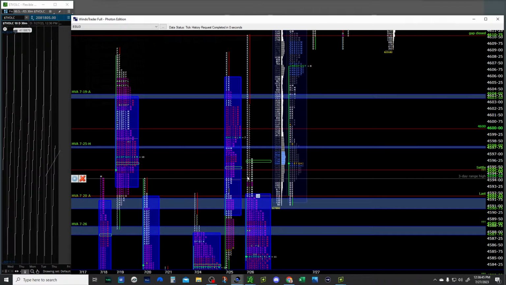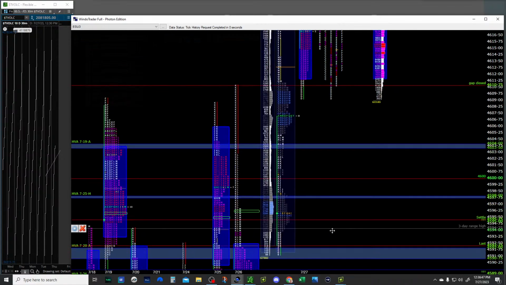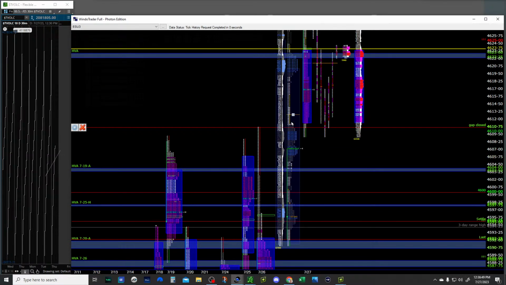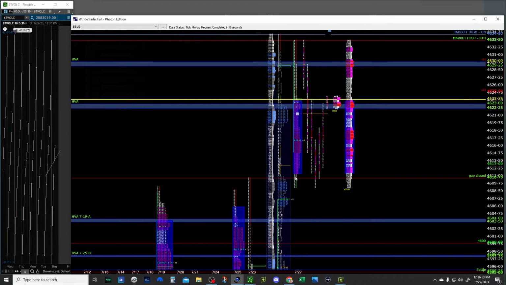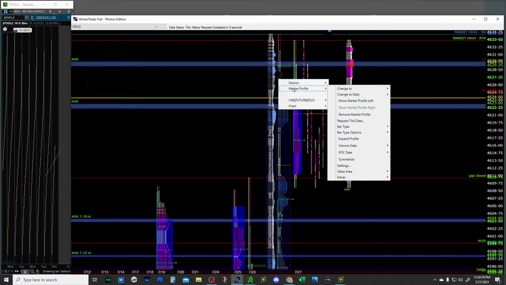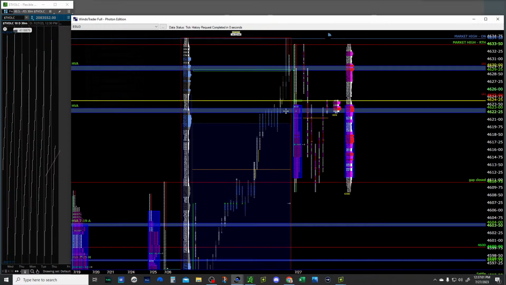So nothing happened actually. And the overnight inventory was extremely long, with multiple distributions here: 1, 2, 3, 4 distributions.